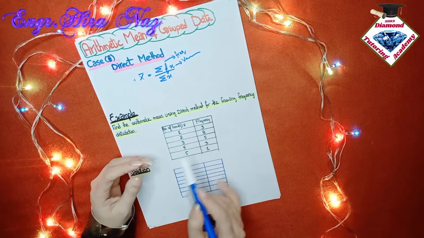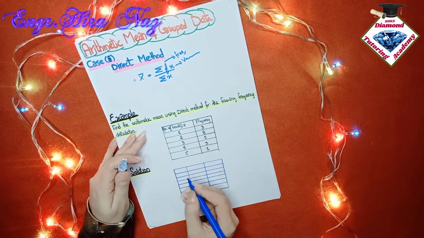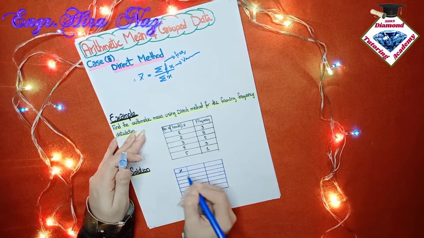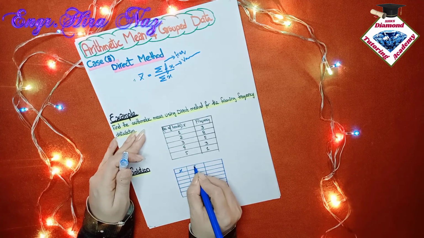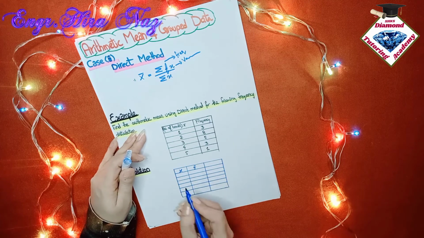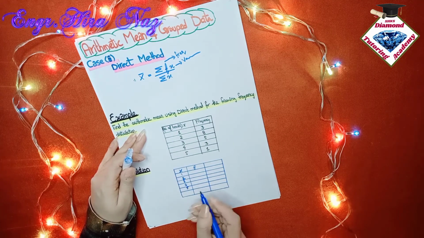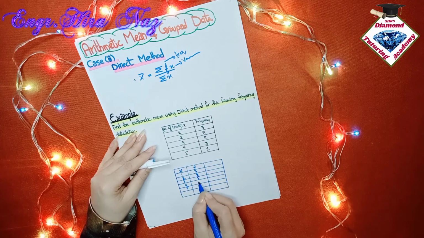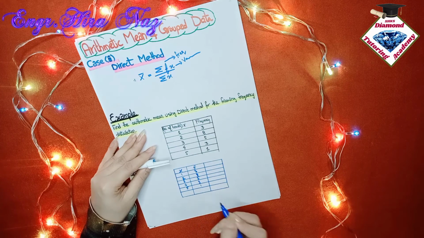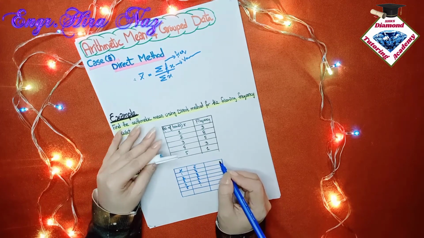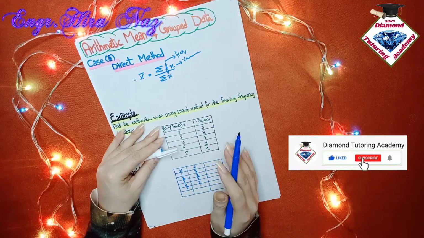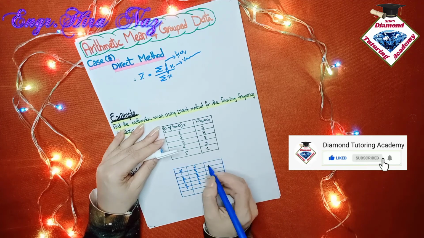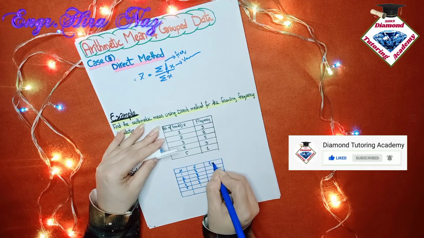So first two columns remain same. In third column, we put product of first two columns. So by doing that, we have here fx.